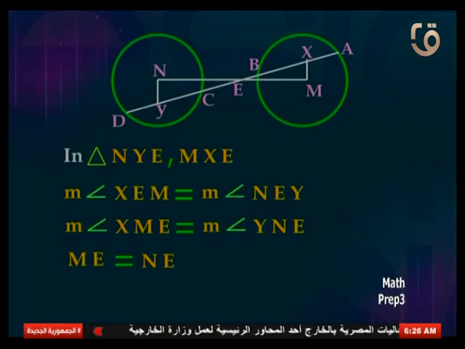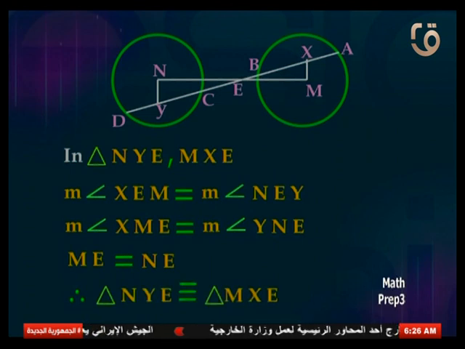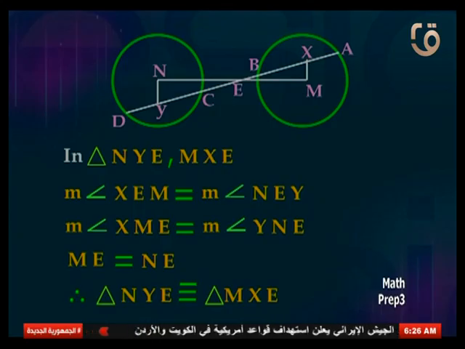Therefore, the two triangles NYE and MXE are congruent. In this case, we can say that NY equals MX.